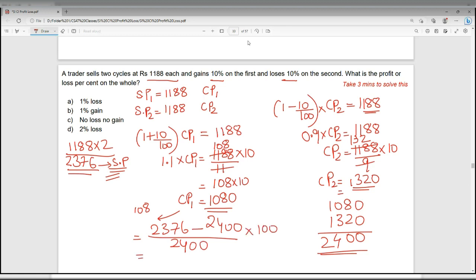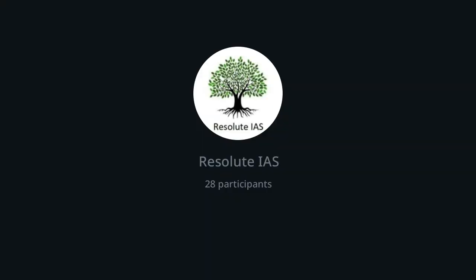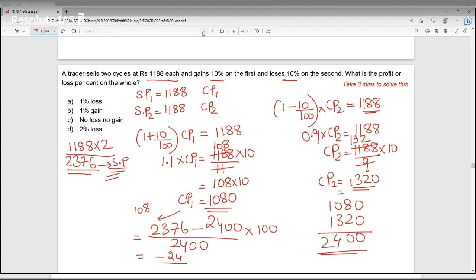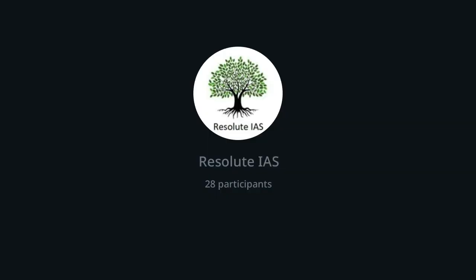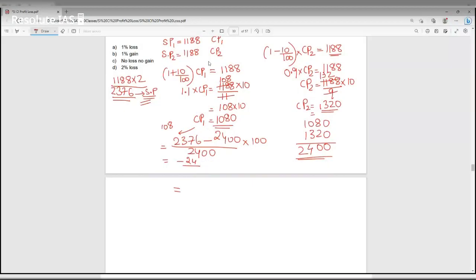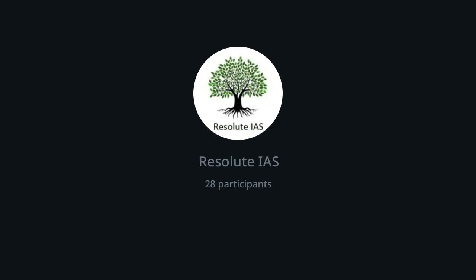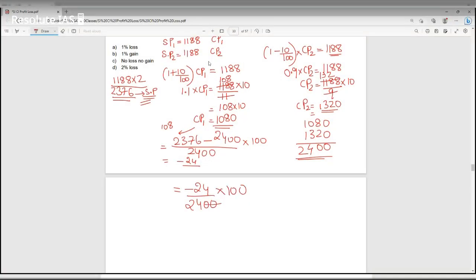This is minus 24 divided by 2400 into 100, which is minus 1.